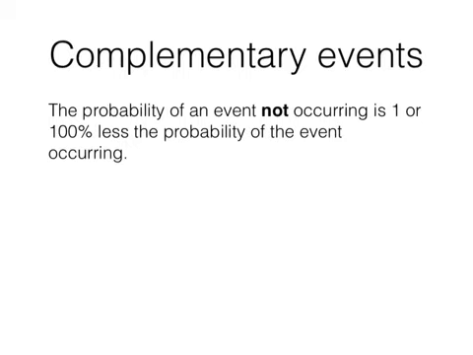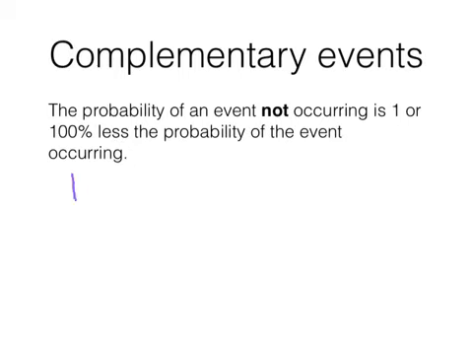Complementary events. A complementary event is the probability of something not happening. So complementary means not happening. The probability of an event not occurring is 1 less the probability of the event occurring, or 100% less the probability of an event occurring.